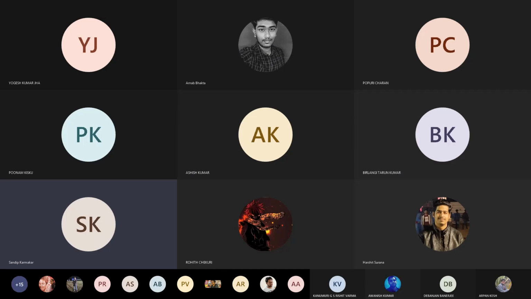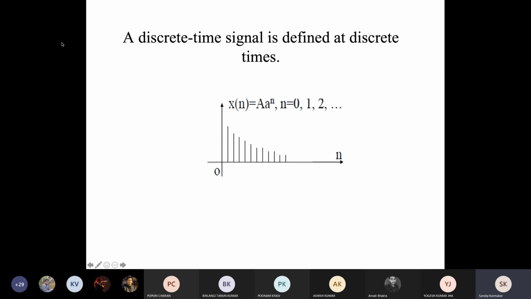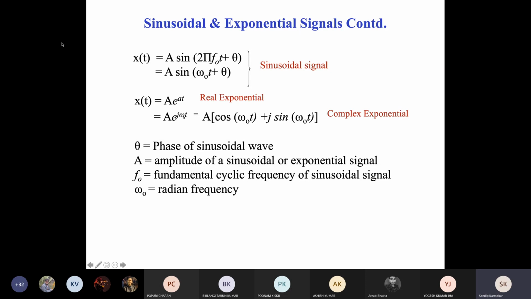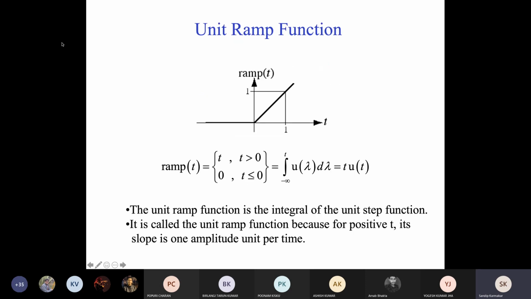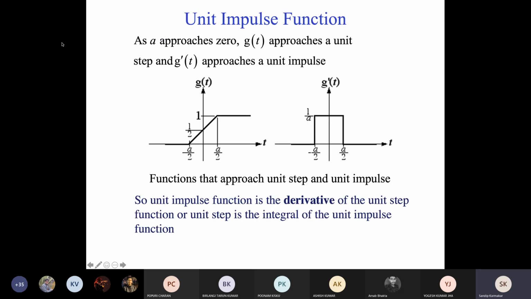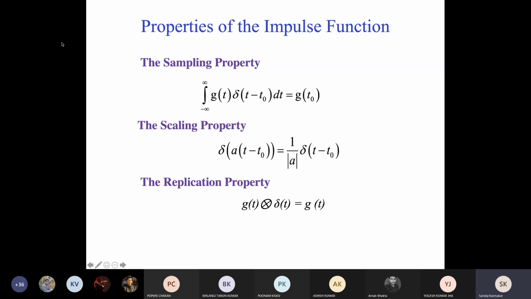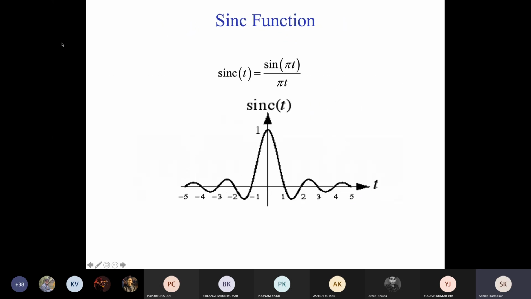Systems, mainly we saw signals. So in signals, we saw what is a signal, discrete time signal and continuous time signal, elementary signals like sinusoidal signal, exponential signals, unit step function, signum function, unit ramp function, regular rectangular pulse or gate function, unit impulse function, representation of impulse functions, properties of impulse functions, unit impulse train, unit rectangle function, and so on.